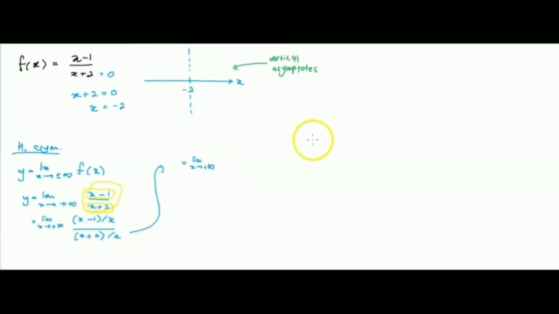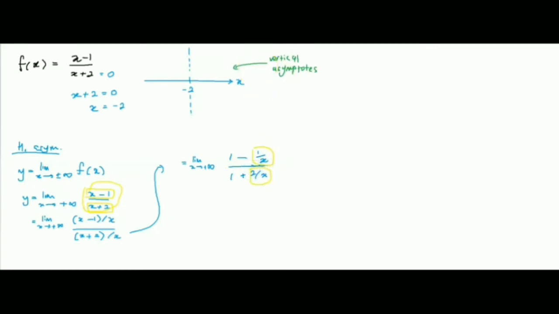Okay, x divided by x will become 1, minus 1 divided by x will become 1 over x, divided by, again, x divided by x will become 1, plus 2 divided by x will become 2 over x. Okay, this number and this number will become 0.